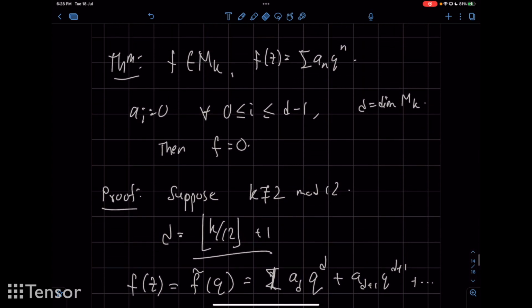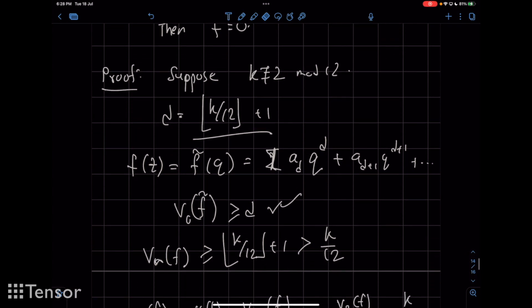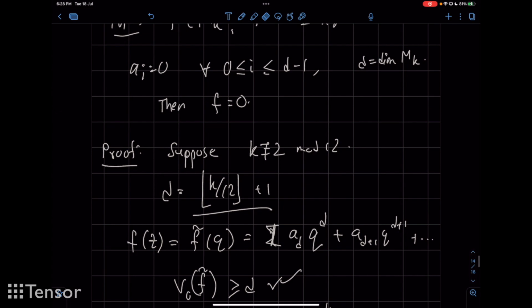Wait, what contradiction did we get? I did not write it, so assume f is non-zero. Then only can we apply the valence formula. Can someone tell me why we need f to be non-zero to apply the valence formula?